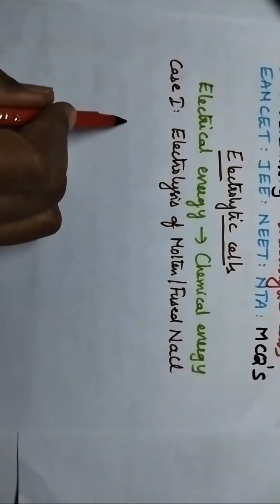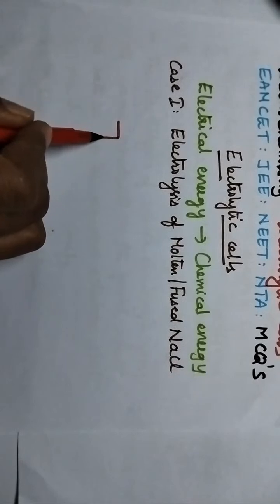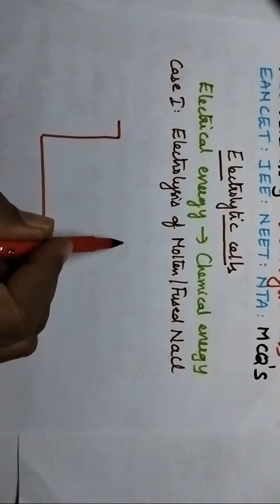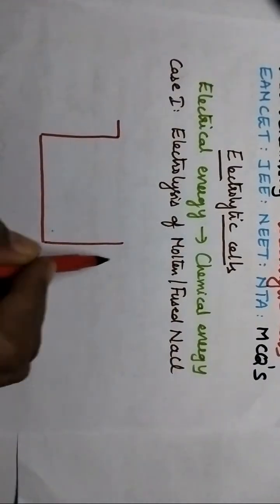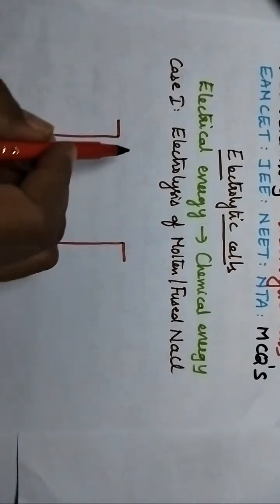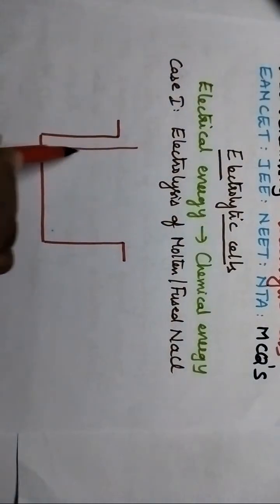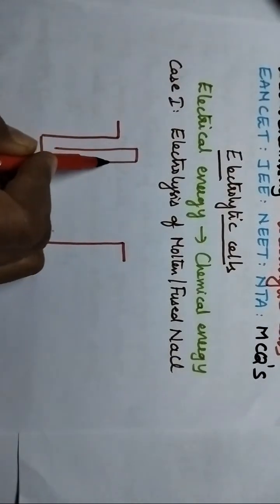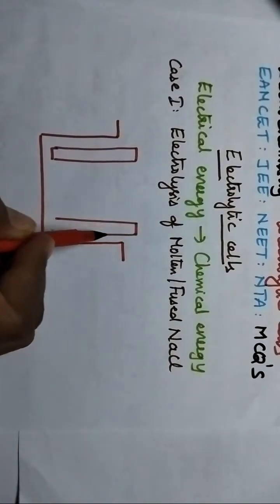An electrolytic cell consists of two electrodes dipped in an electrolytic solution, and these two electrodes are connected through a battery for the supply of electrical energy.